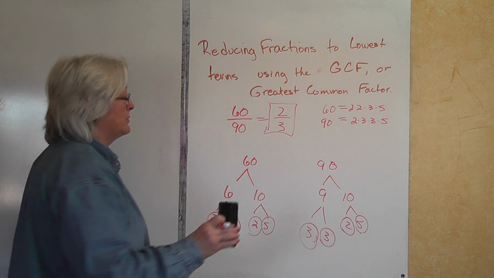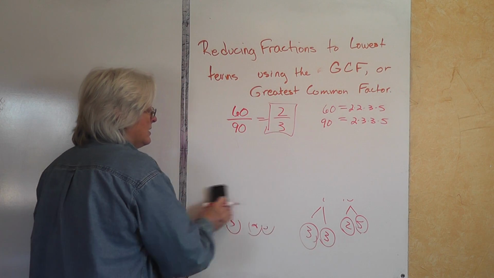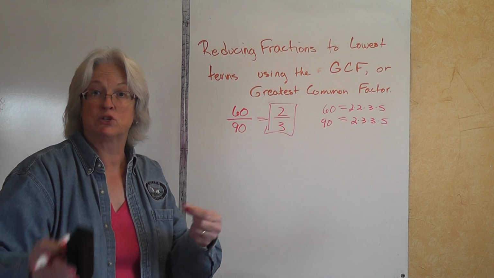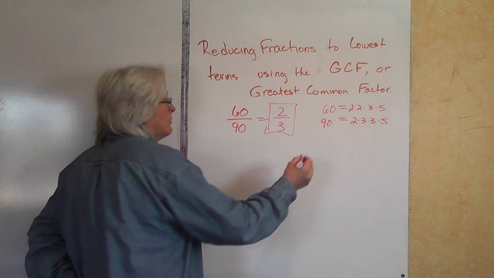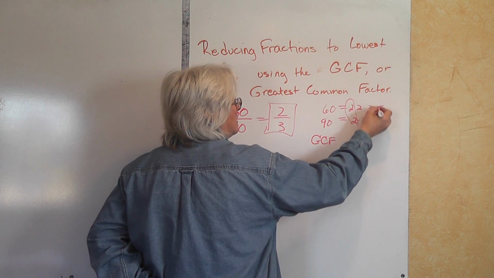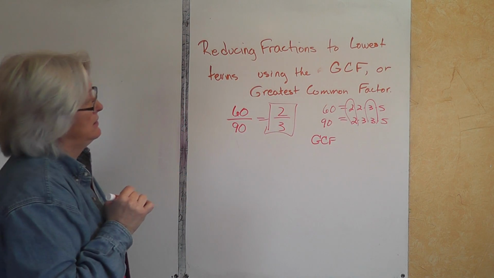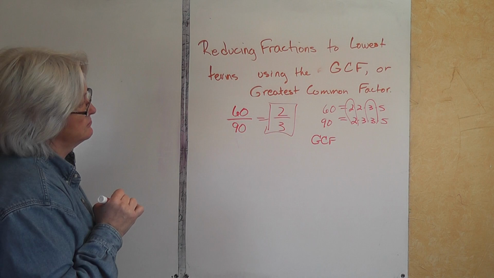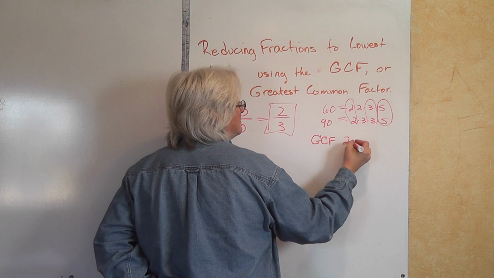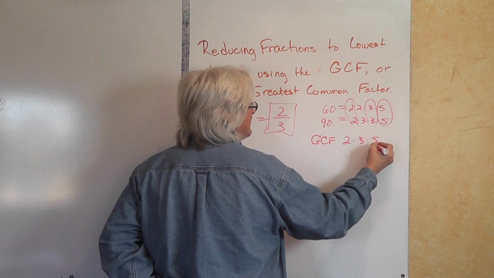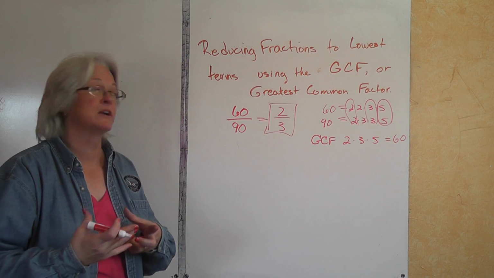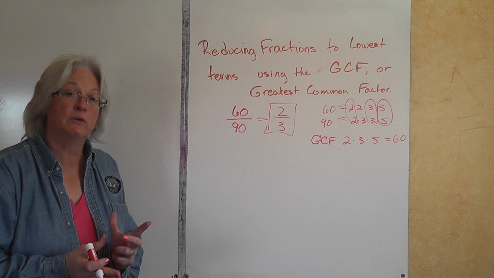I want to use exponential notation, but before I do that, let me calculate what the GCF is going to be, just keeping this in expanded notation, using no exponents. What factors do I have in common? Well, I have one 2, one 3, and one 5 in common. So I have 2 times 3 times 5. Greatest common factor is 30. And as it occurs here, I didn't pick a really perfect example to show you, but I'm going to use it anyway.